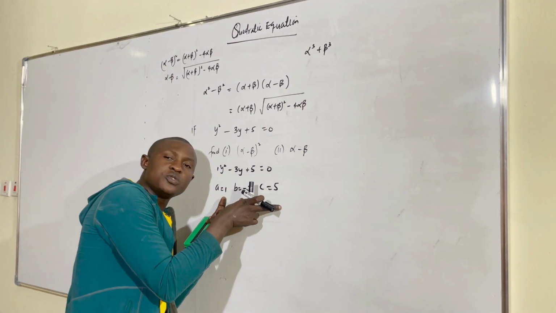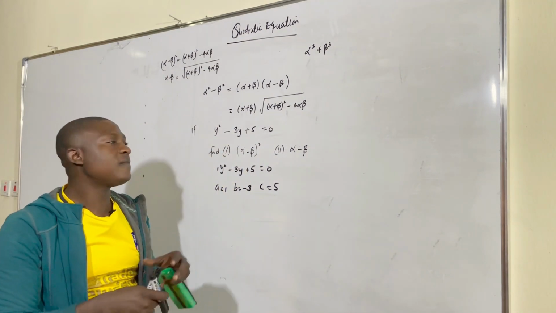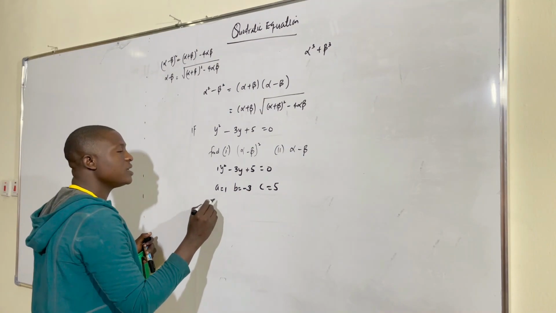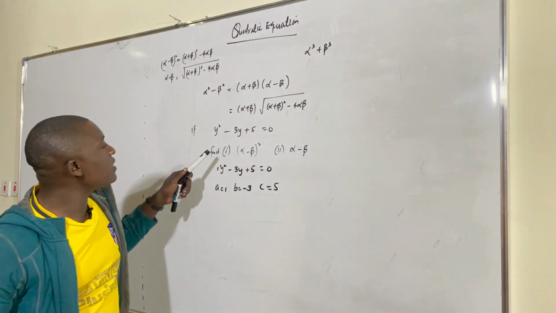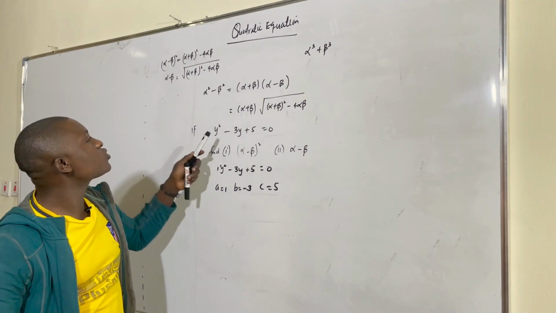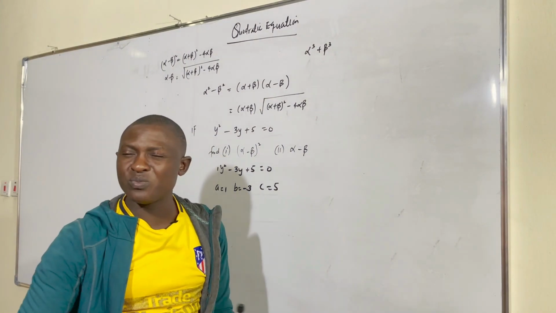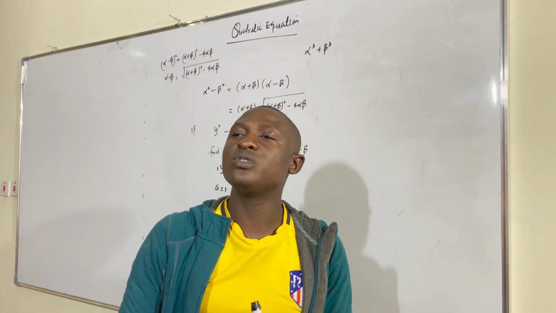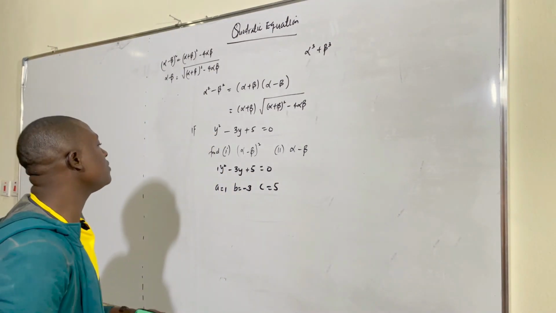So I can substitute these three to find alpha plus beta and alpha beta. Recall the reason why we need to find alpha plus beta and alpha beta is that if you look at the formula for alpha minus beta, it contains alpha plus beta and alpha beta. It makes it easier to break it down to the lowest terms, so that it will be very convenient for you to perform the operations.